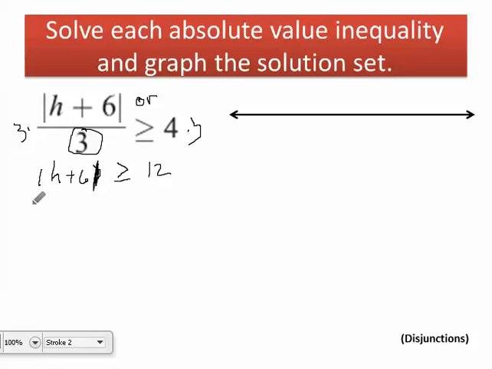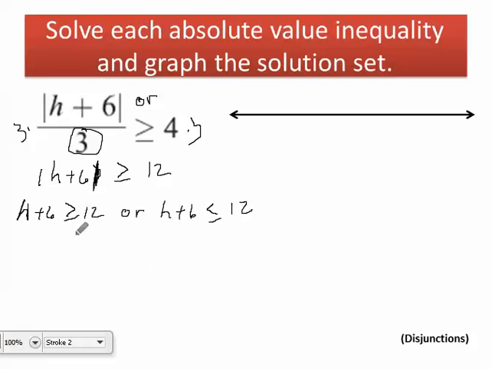Now, disjunction. h plus 6 is greater than or equal to 12, or h plus 6 is less than or equal to negative 12.